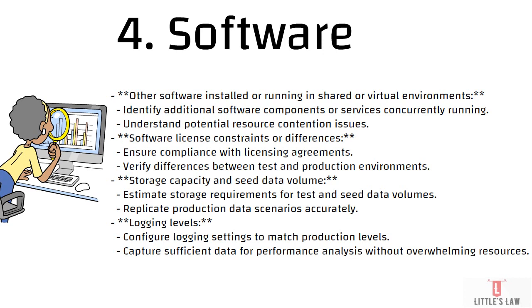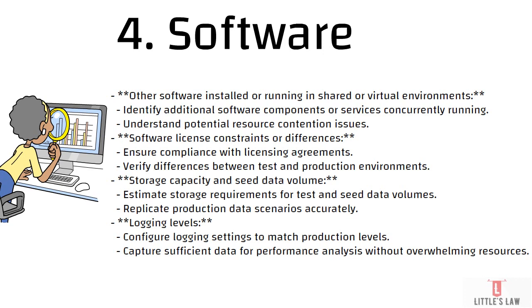In that scenario, the system resources might be used up and we might run out of space or the size of the data. So it's always better to configure these logging settings to match the production levels so that while we capture the data, we will not be overwhelming our system resources.